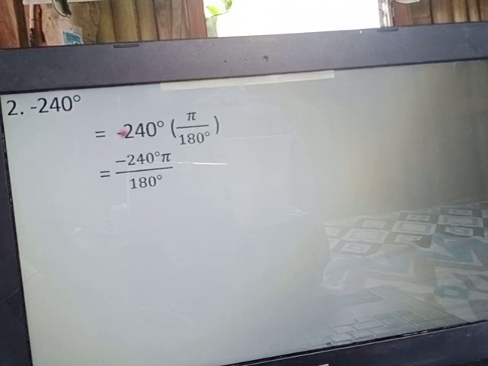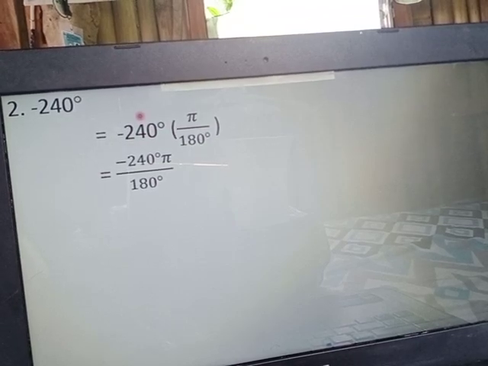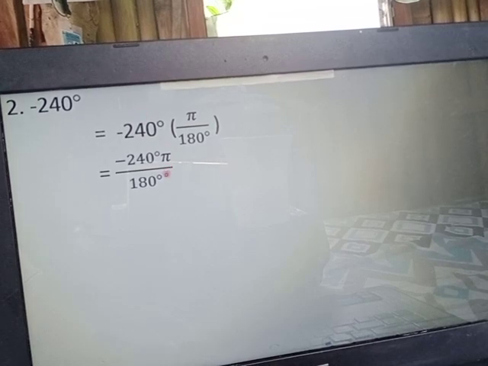And then we have negative 240 degrees. So we multiply negative 240 degrees by pi over 180. We have negative 240 degrees pi and then 180 degrees. Cancel the degrees here, and then simplify negative 240 and 180.